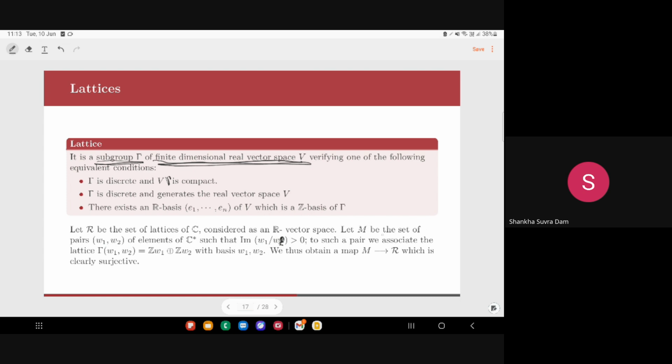To each such pair, we associate the lattice spanned by the basis W1, W2. We thus obtain a map M to R, which is clearly surjective. For any lattice of C, we have a basis, and we can take either W1 by W2 or W2 by W1; one of them has to have imaginary part greater than 0.